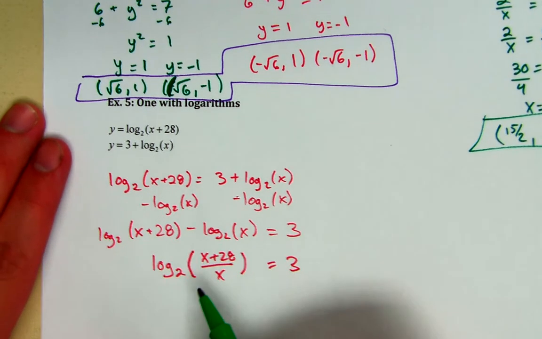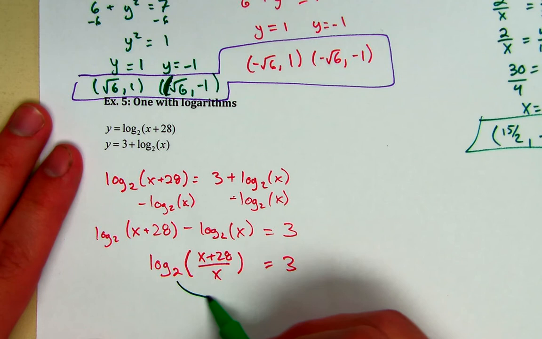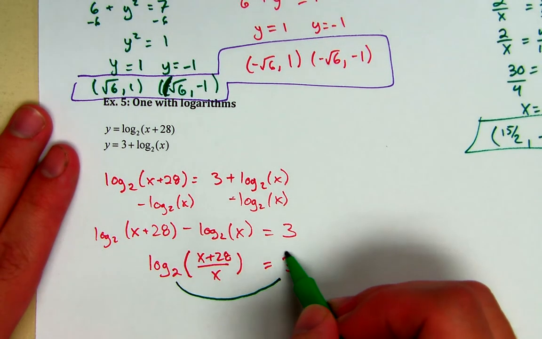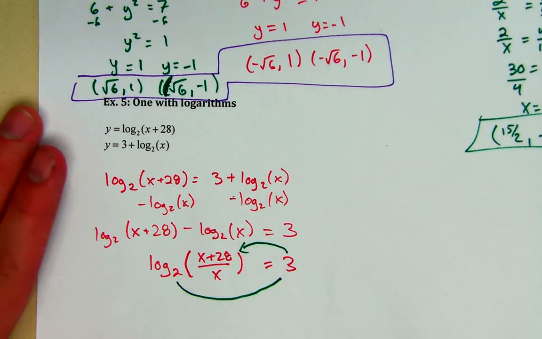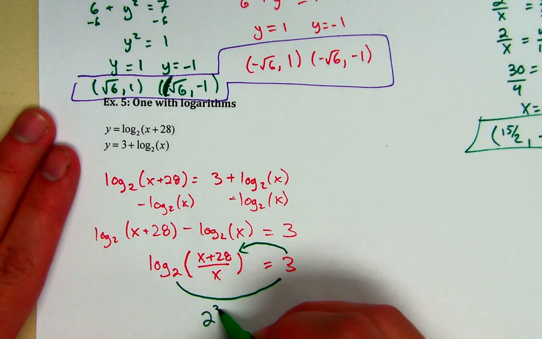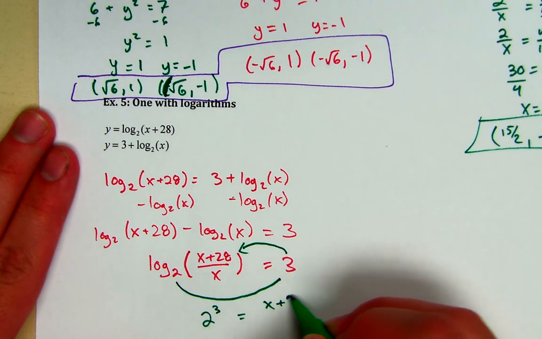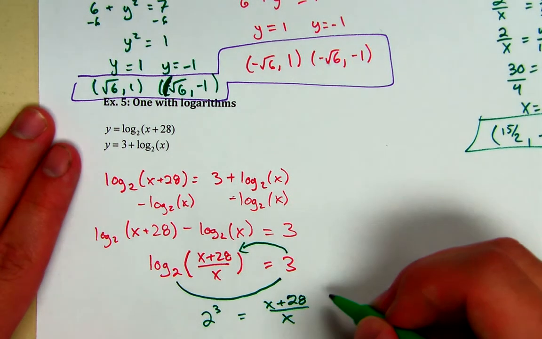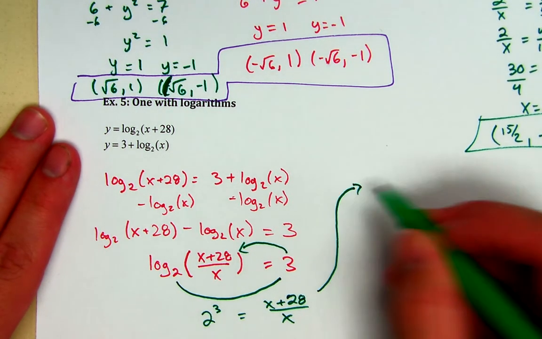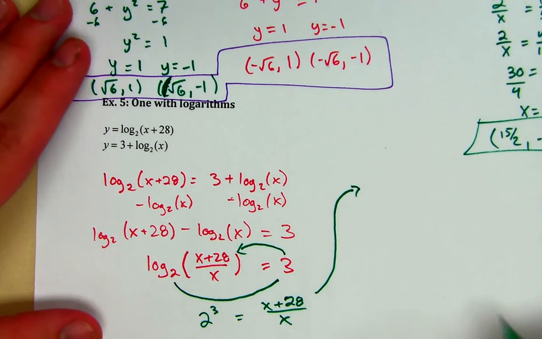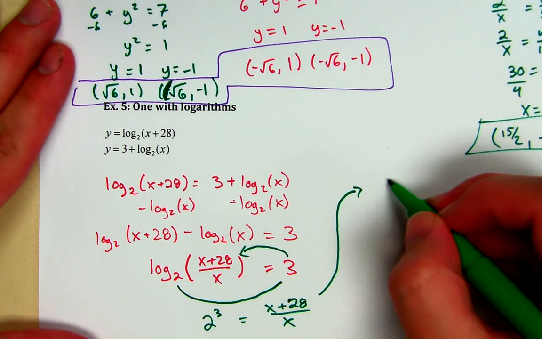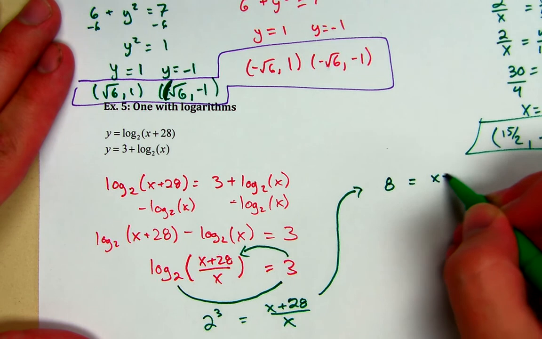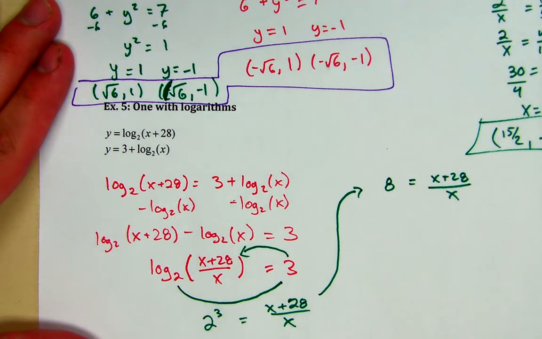We have a single logarithm left, so let's change this around. 2 to the third power equals x plus 28 over x. So I'm going to move this up here now. We've got 8 equals x plus 28 over x.